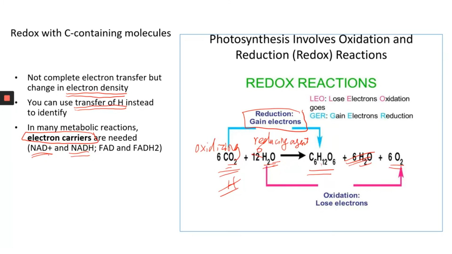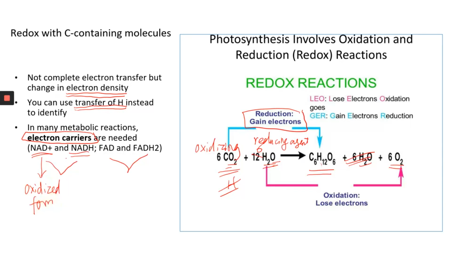NADH and NAD plus. Okay, so that's one group. It's just one molecule in different forms. One is reduced, with electrons, and the other form is without electrons, oxidized. So NAD plus is the oxidized form.